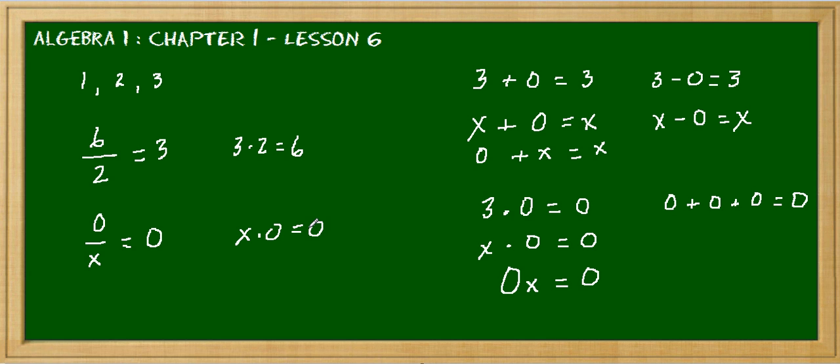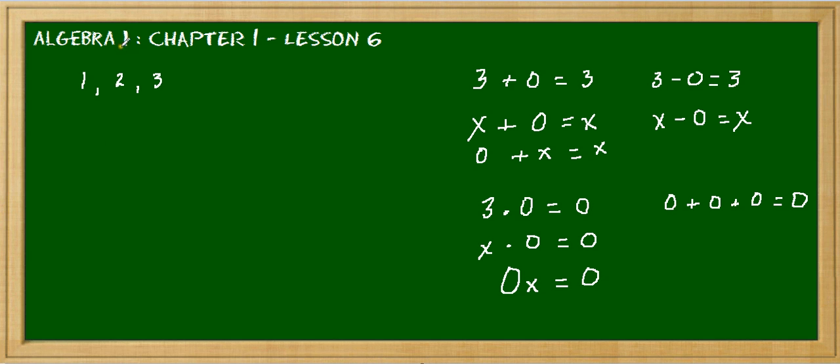And so now what happens when we try to divide by 0? Something's going to happen and it's not going to be good, because it's not going to make a whole lot of sense. Let's go ahead and remove some of this and give ourselves a little bit more room.